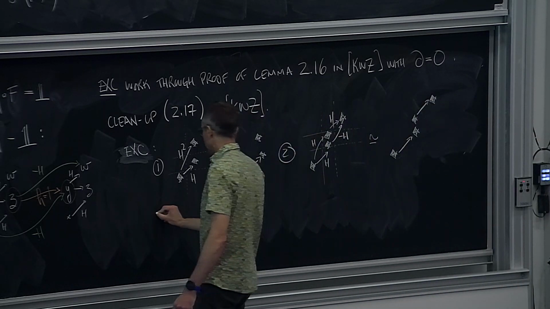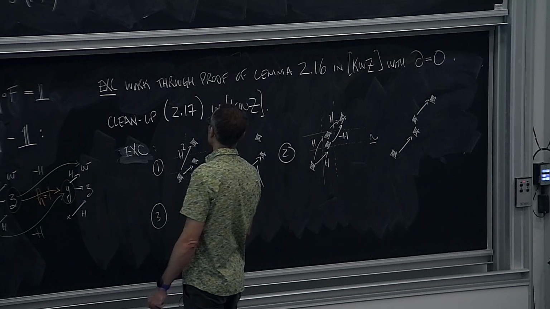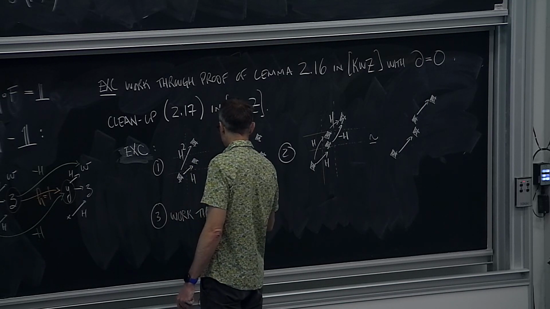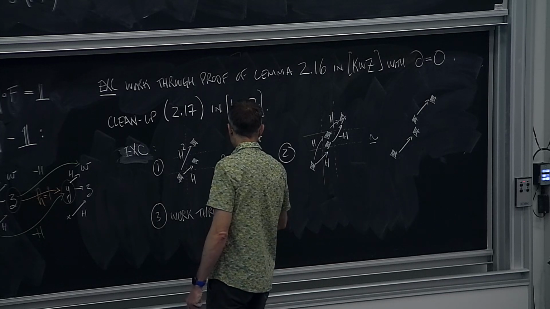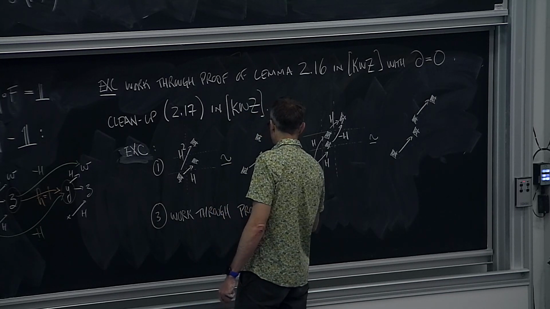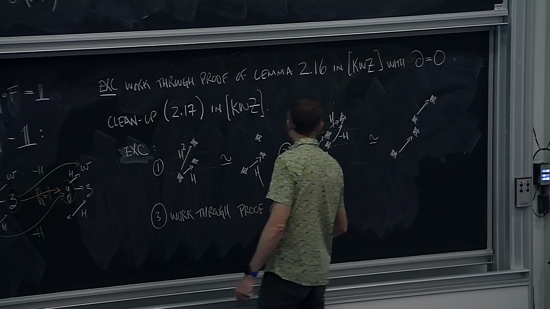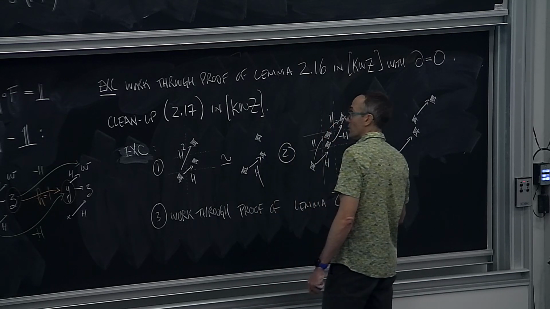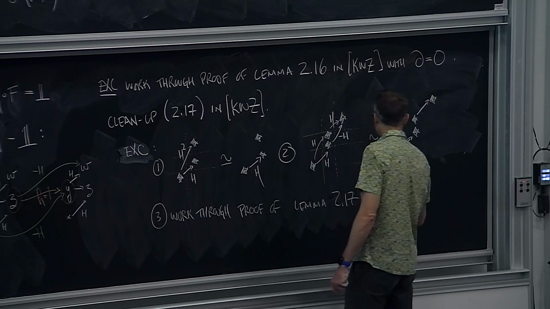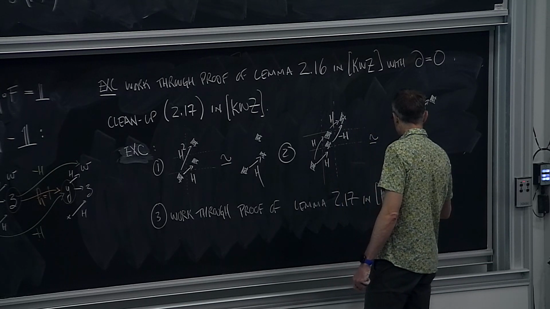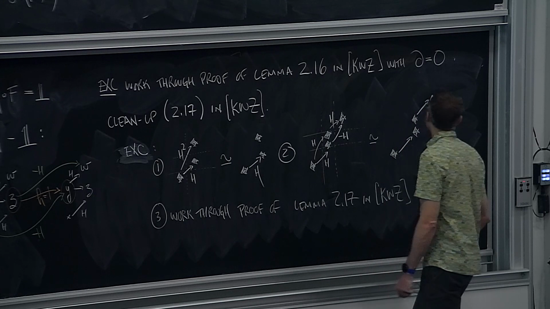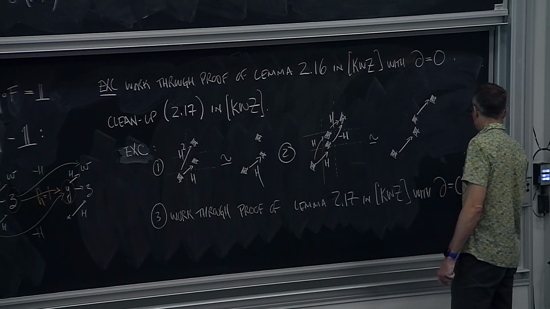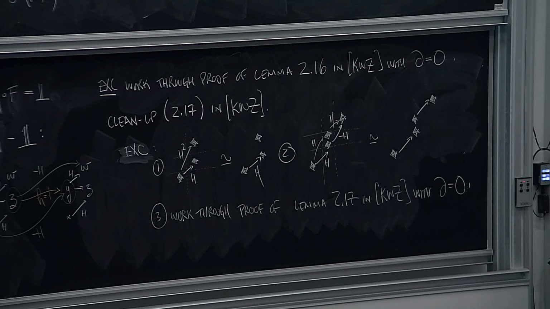So the third exercise is to work through the proof of lemma 2.17 in KWZ. Again, here I'd take delta equals 0 as the first passage.